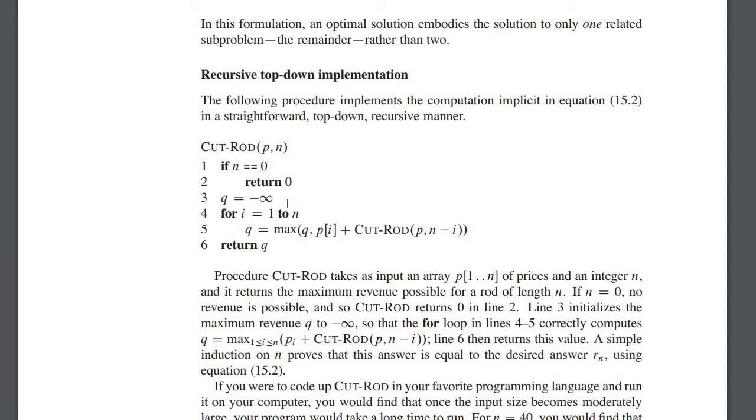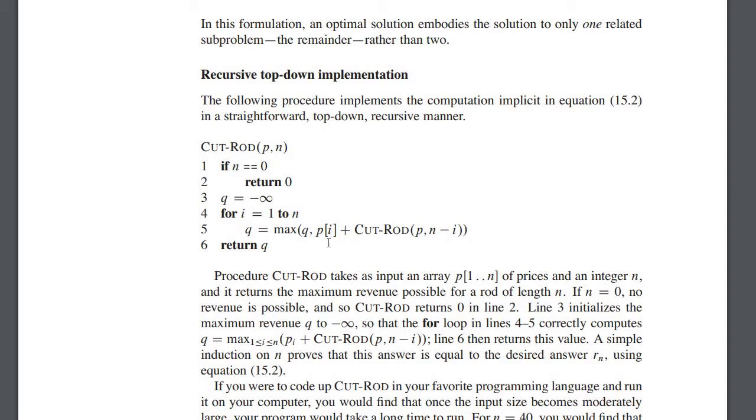So the function goes back to the initial position with p comma 3. There is no need of executing the first two statements. Q is again minus infinity. Then again there is a for loop for i from 1 to n. Here n is 3, so it must execute from 1 to 3. Q is initially minus infinity, comma p of i.